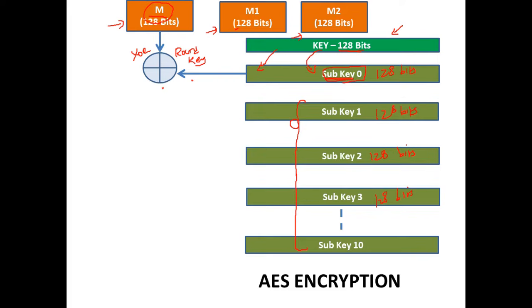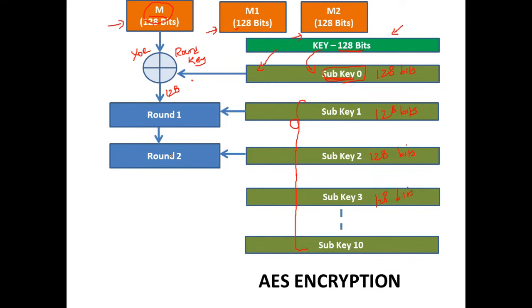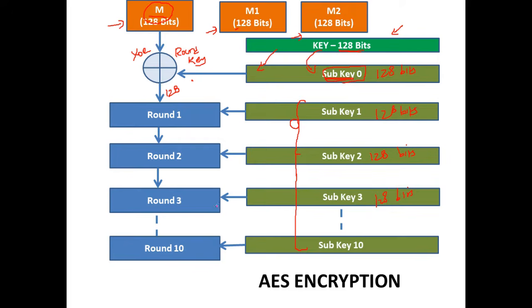After the XOR operation, this output, which is 128 bits, is being fed to round 1, and round 1 also makes use of subkey 1, which is 128 bits, and we'll be performing some steps in the round 1, and then that output of 128 bits will be going to round 2. Round 2 will be making use of subkey 2. Likewise, that will go to round 3, and round 3 will be using subkey 3, and finally it will be ending up in round 10.